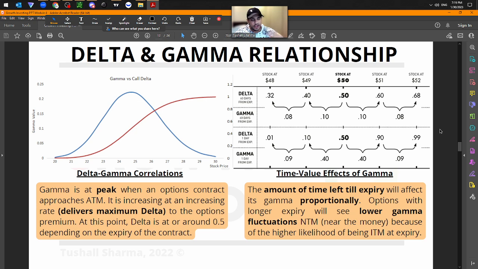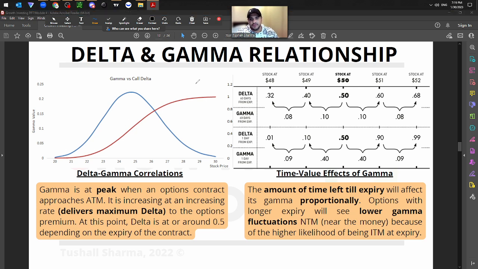So with delta and gamma, they both are pretty correlated. Now, obviously, you can see here the red line is delta, and the blue line is going to be gamma. Okay. Now, gamma tends to be at peak when an options contract is at the money.